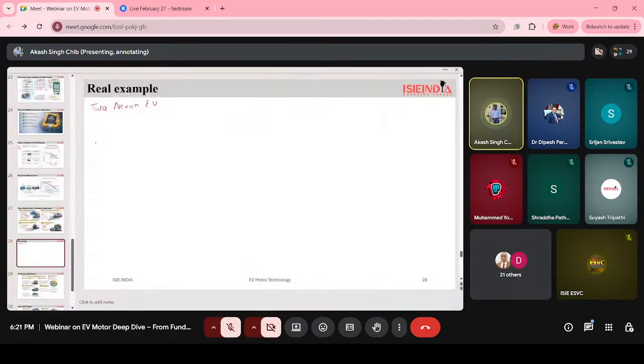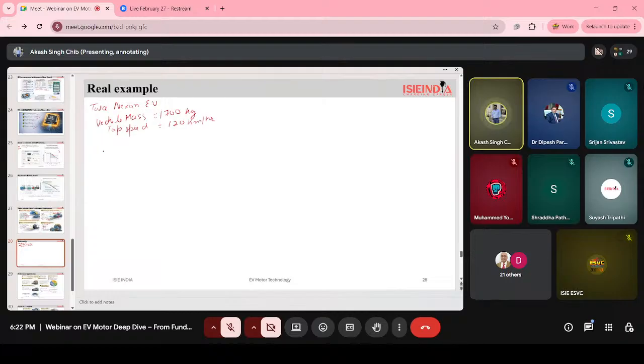Now we are taking the example of the Tata Nexon EV. First, we will see the vehicle mass. The Nexon has around 1700 kg. Then comes the top speed. We will take the top speed as 120 kilometers per hour.